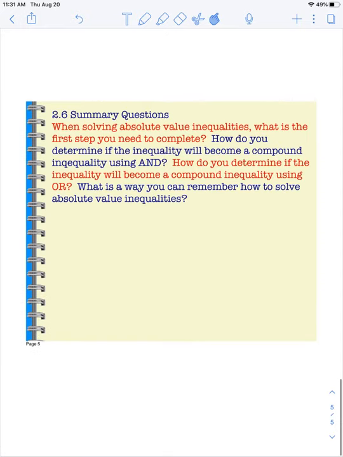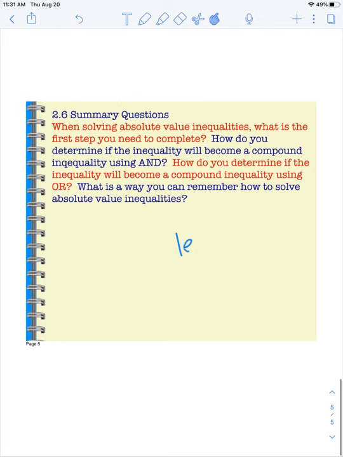All right, some summary questions for you. When solving absolute value inequalities, what is the first step you need to complete? Well, you undo the absolute value last, so if there's any other operations going on, you have to do those first. How do you determine if an inequality will become a compound inequality using and? Next question, how do you decide if it will be or?